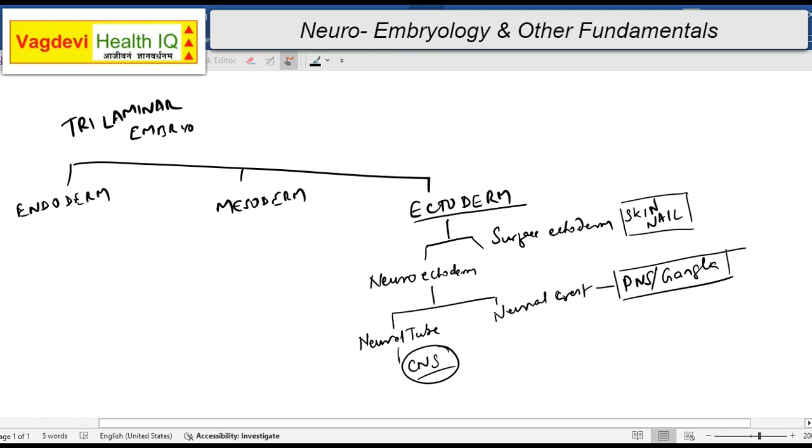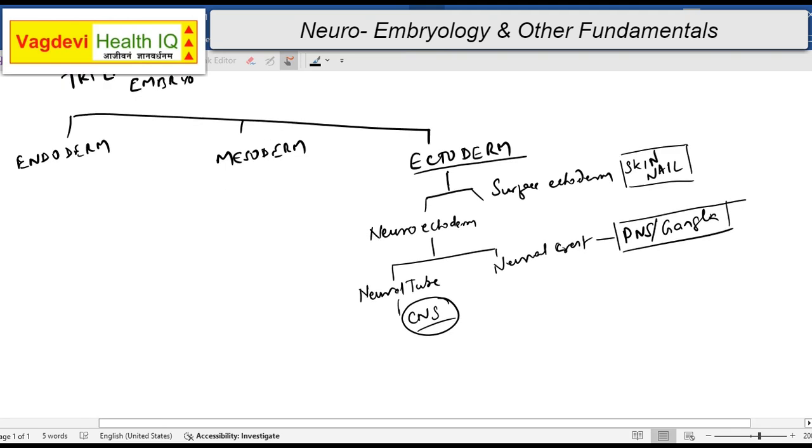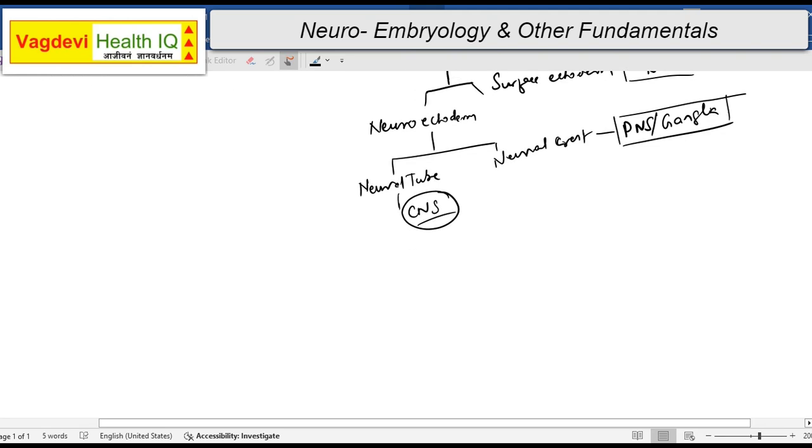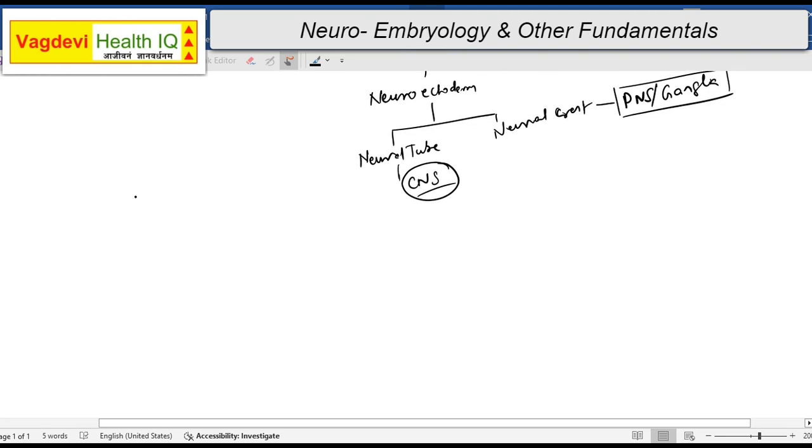Okay, as long as the vesicles are concerned, there are brain vesicles. So I will go with the red here so that you can see that. So three primary brain vesicles.